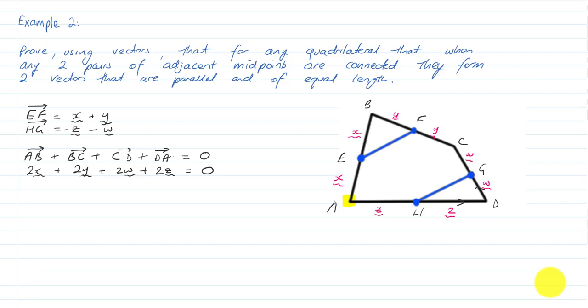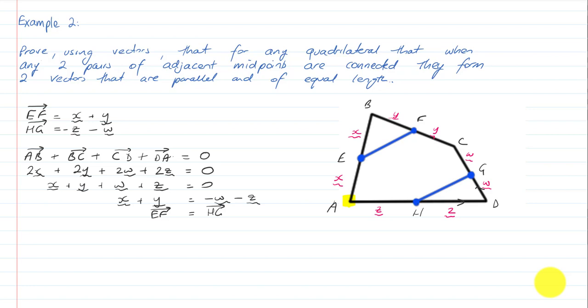And so now I can divide by 2. I can say x plus y plus w plus z equals 0. And then I can subtract w and z, and I get x plus y equals negative w minus z. Now x plus y is EF, and HG is negative w minus z, or negative z minus w.